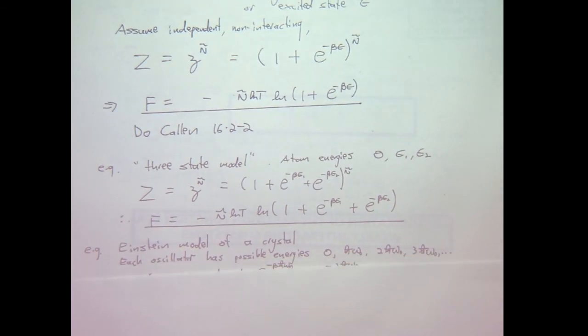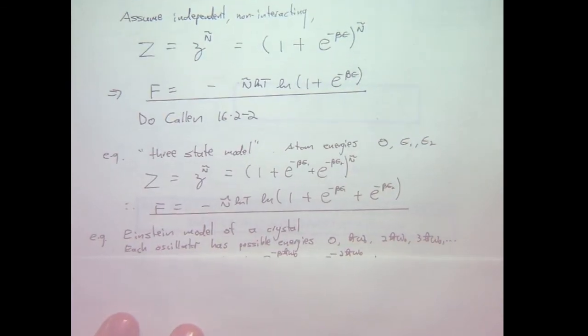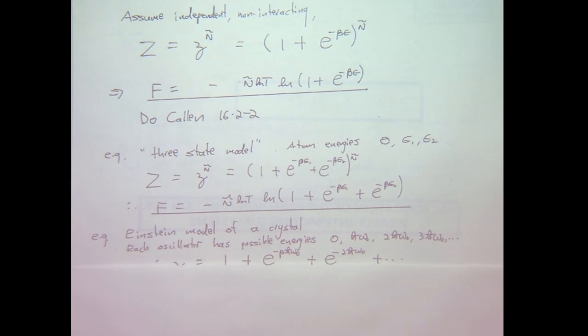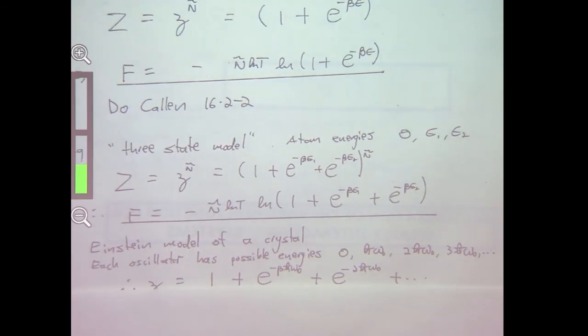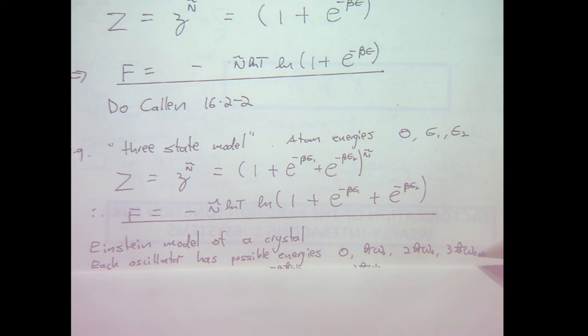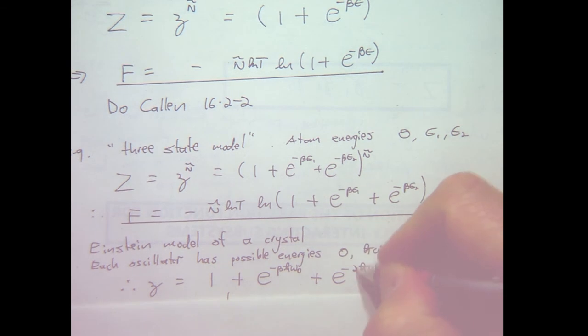Einstein model of a crystal: what about that? Each oscillator has possible energies 0, h bar omega naught, 2 h bar omega naught, 3 h bar omega naught. So the single mode partition function is 1 plus e to the minus beta h bar omega naught plus e to the minus 2 beta h bar omega naught, and so on.